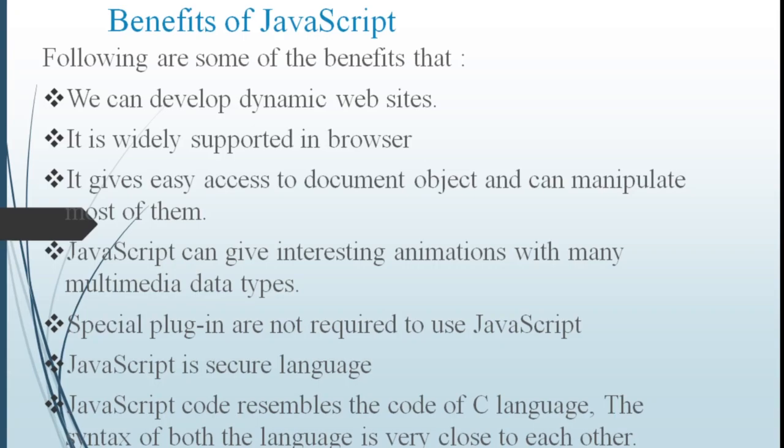JavaScript can give interesting animations with many multimedia data types. Special plugins are not required to use JavaScript. It doesn't require any type of software for running this JavaScript. JavaScript is a secure language. It is similar to C language, and the syntaxes are very close to each other.